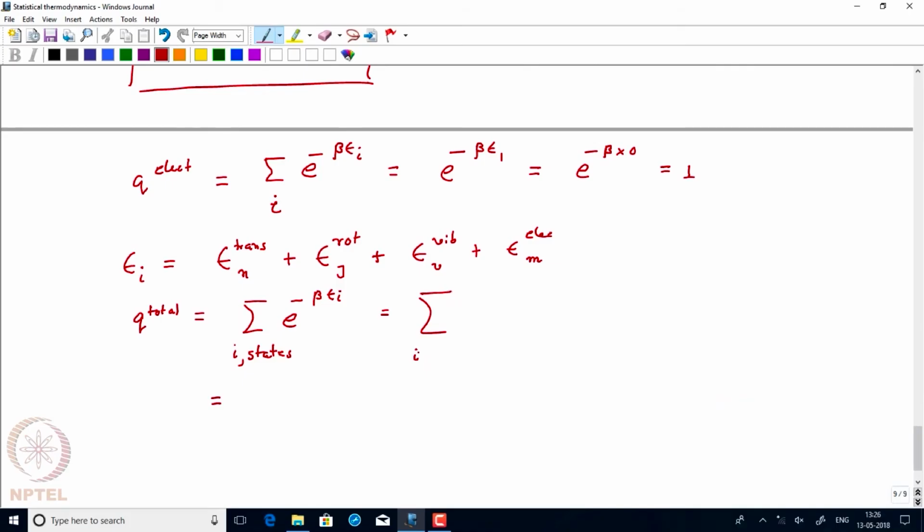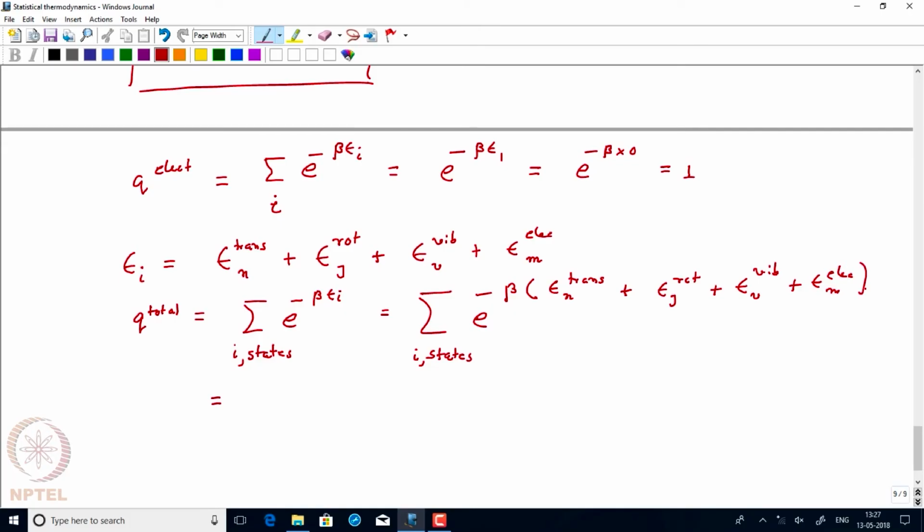So I have a sum over i, taken over states, of e to the power minus beta times epsilon n translational plus epsilon j rotational plus epsilon v vibrational plus epsilon m electronic.